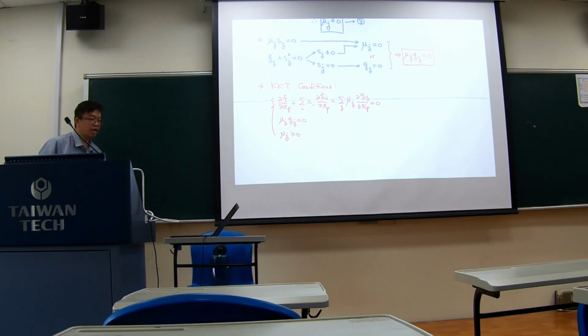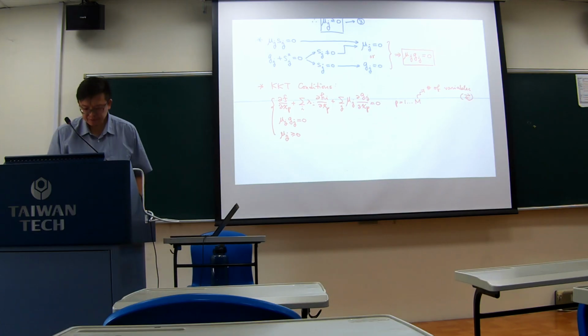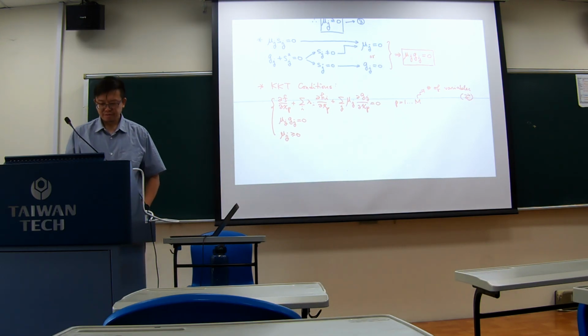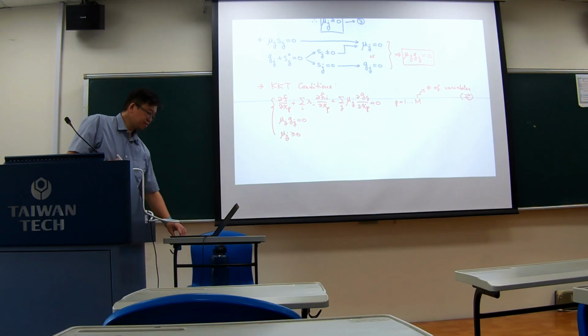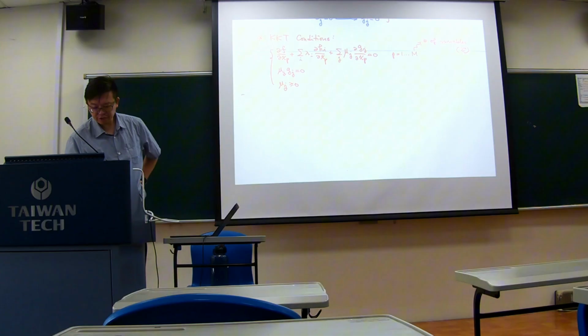So that would be your KKT conclusion. Okay, so p goes from 1 to n. This is the number of variables in x. Okay? And i and j will be the number of your constraints. Okay? That's the proof for KKT conditions.